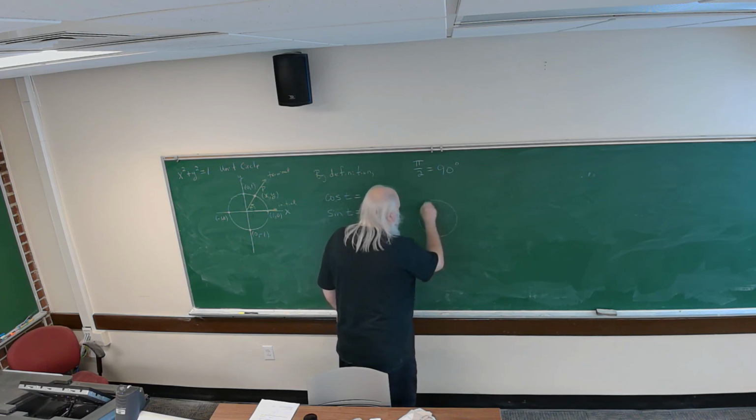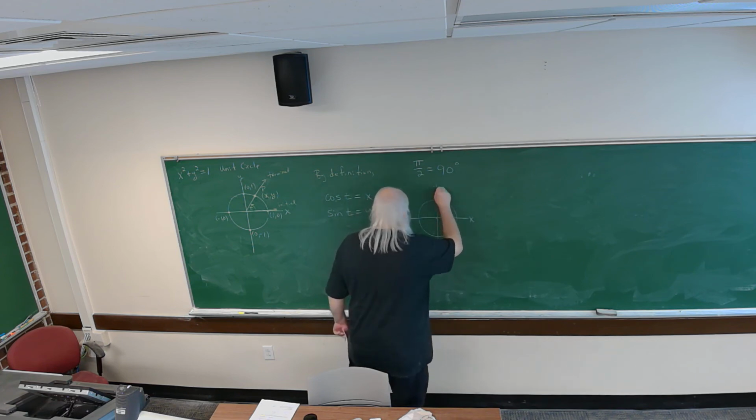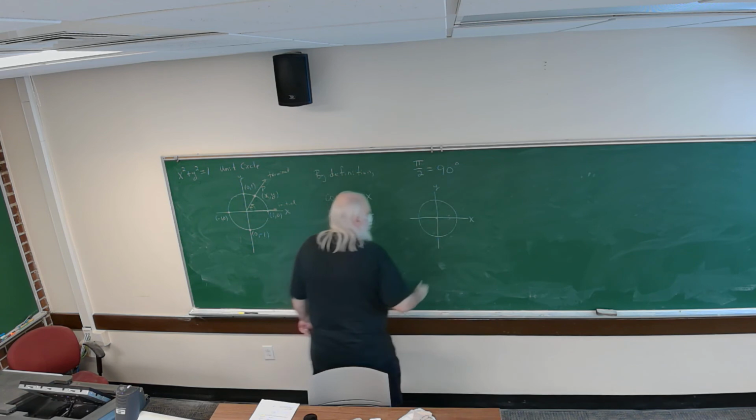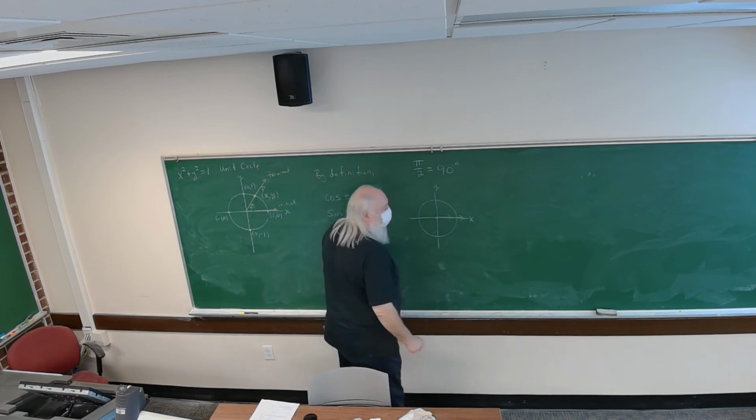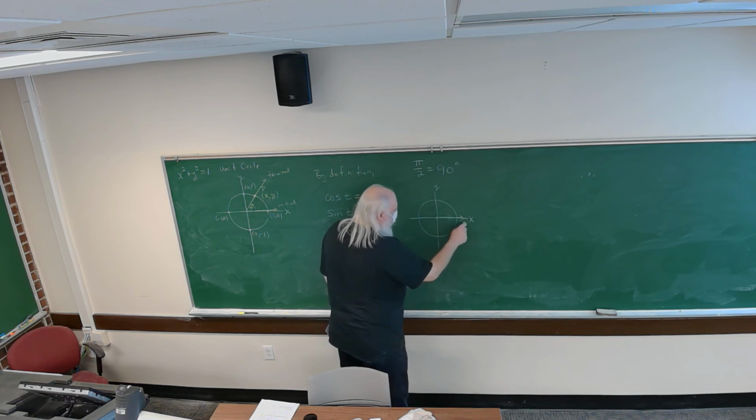So here I'm redrawing the unit circle. Here's the initial side. So now I'm drawing the angle. Pi over 2 radians are 90 degrees. Here's the initial side. Here's the terminal side.